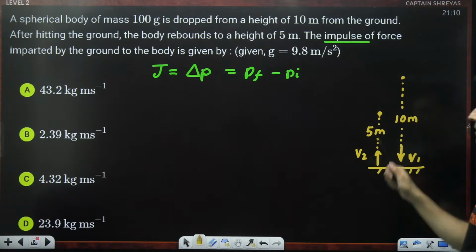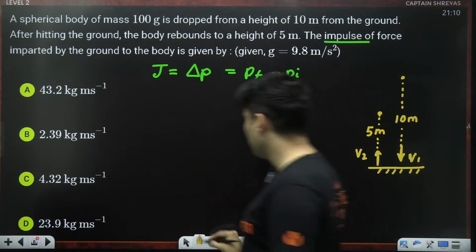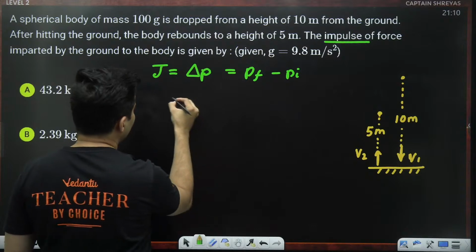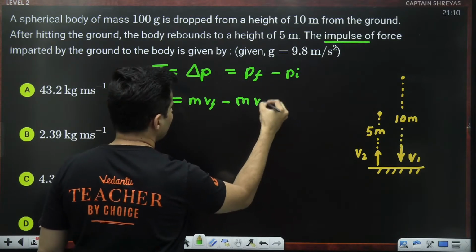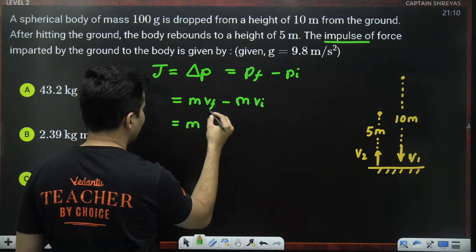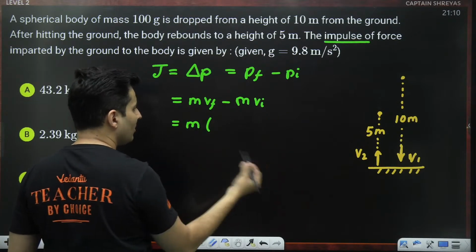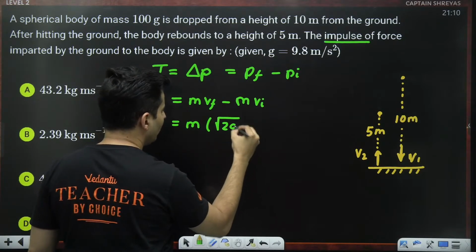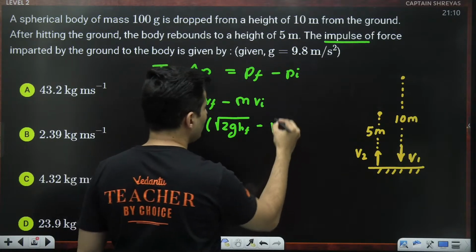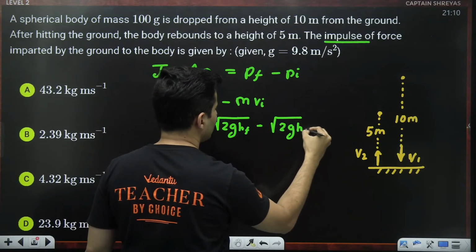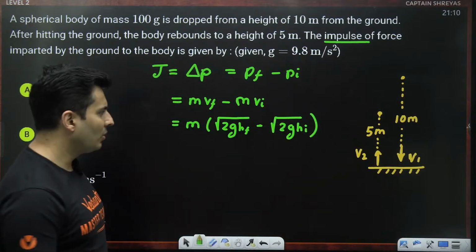Are the heights related to the speeds? Because I need that, since final minus initial means mass into final velocity minus mass into initial velocity. So mass is there. Final velocity and initial velocity can be written down as root of 2gh, and this is also root of 2gh. Remember, speed is related to height.